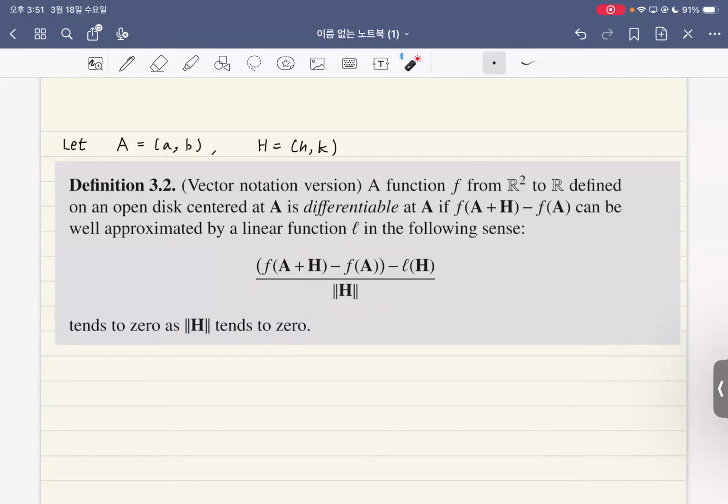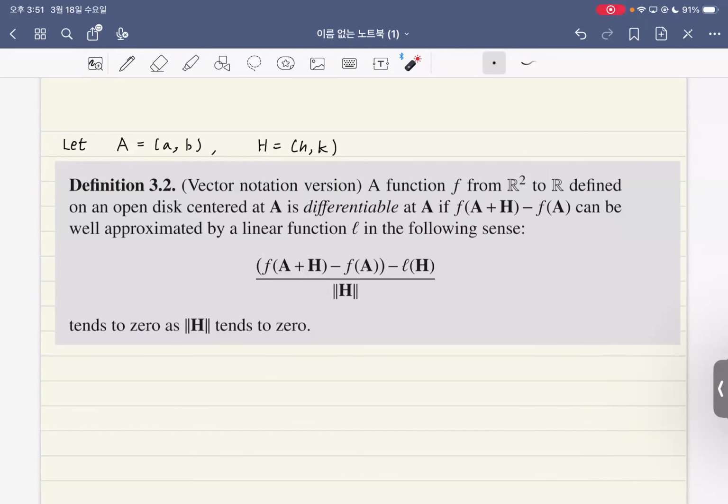Therefore, in order to say that a given function is differentiable at some point, the most important thing is that you must be able to find this nice linear function L, which is approximating f(a plus h) minus f(a). So you must be able to find such a nice function.